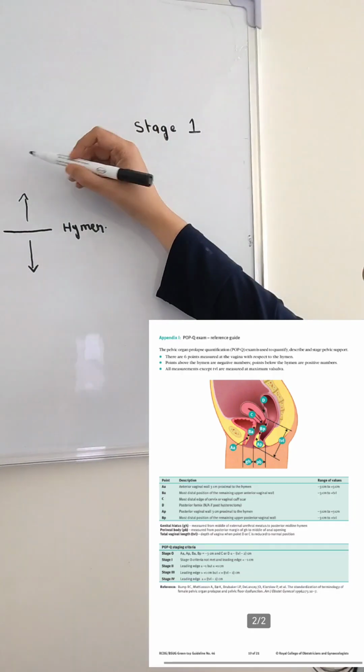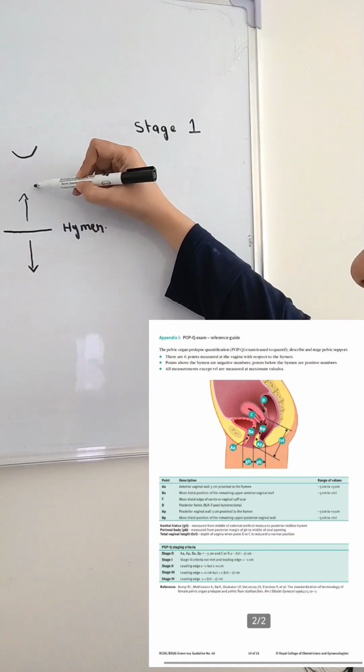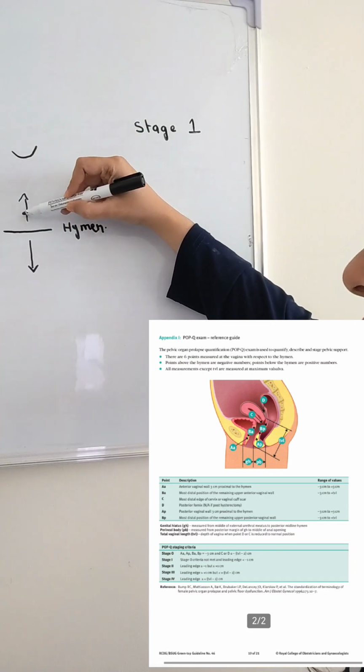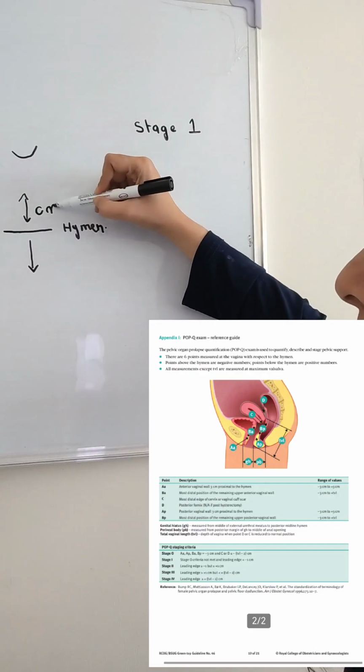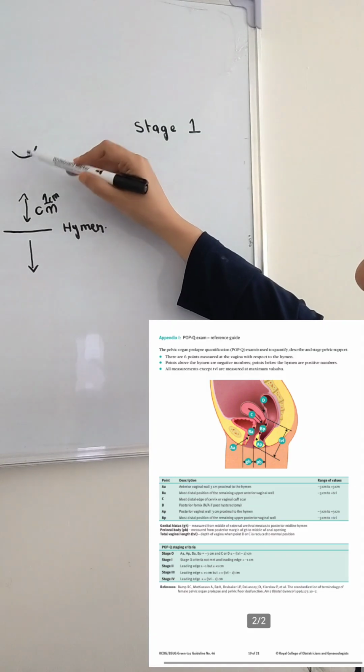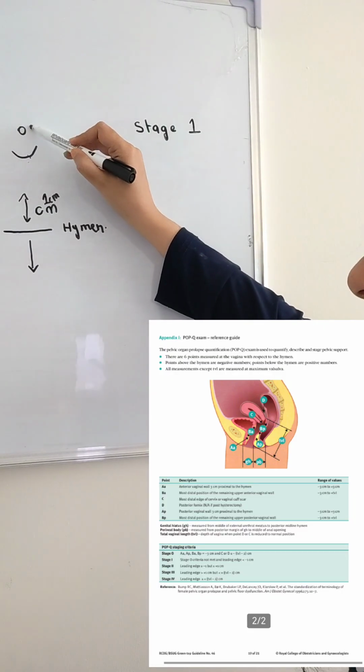It is the descent of this vaginal scar, but it is still above the 1 centimeter. I have not accurately measured with a scale, but let's suppose that this is 1 centimeter. So this descent is still above the 1 centimeter, but not perfect at 0 where it should be. It is descended.